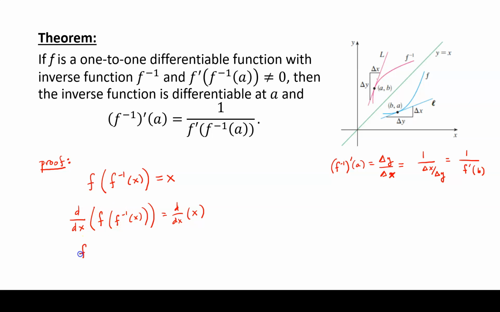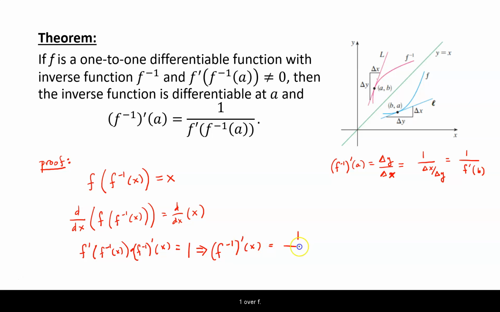So I would have f prime of f inverse of x times the derivative of f inverse of x, which I'll just write f inverse prime of x. And then on the right-hand side, just equals 1. And there, if I isolate f inverse prime of x, I get the formula that we have above.